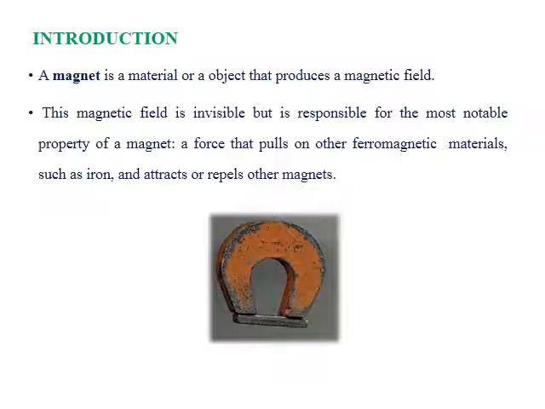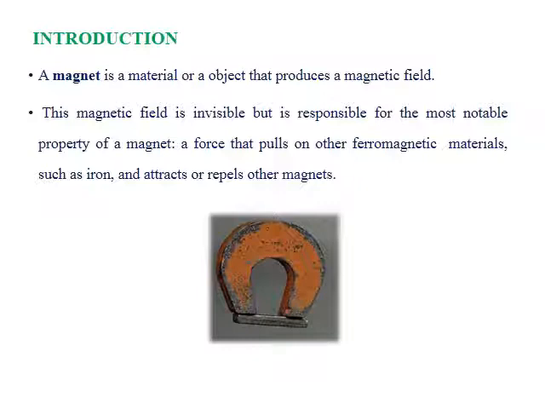So a magnet is a material or an object that produces a magnetic field. This magnetic field is invisible, but it is responsible for the most notable property of magnets.